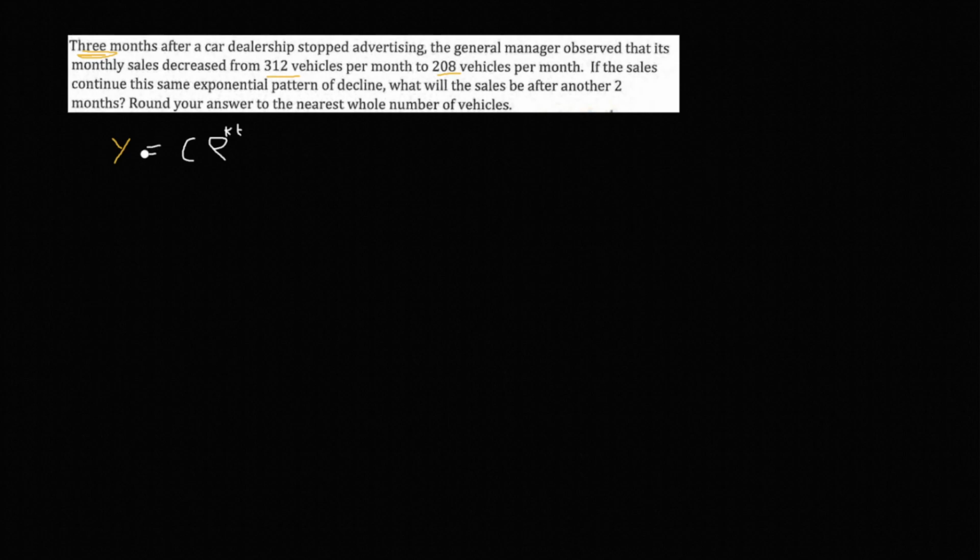So if y is our monthly sales, and we have 312 is equal to c, and then this is our first month, or our 0th month, technically. So e to the 0 is just 1, so c is just 312.